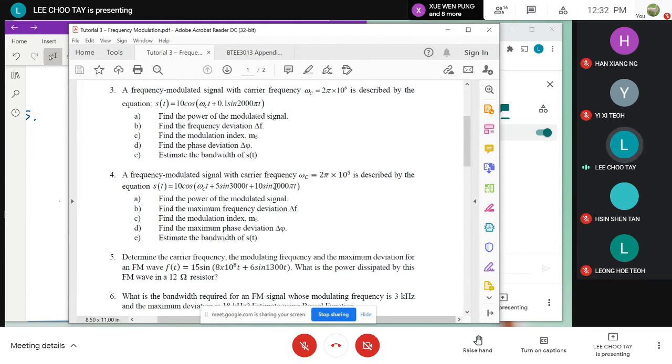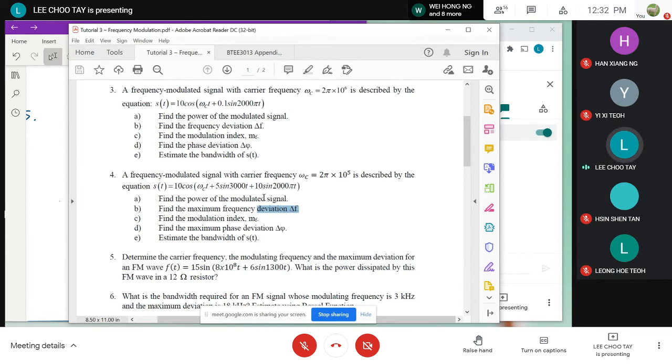The maximum happens when, as you differentiate sine, you get cosine from both sides, and both cosine terms are 1. Then you find your frequency deviation from there by the differentiation method. Then the modulation index is delta F divided by FM.